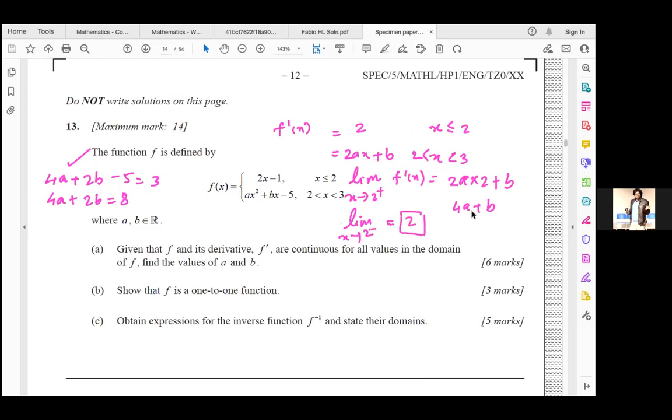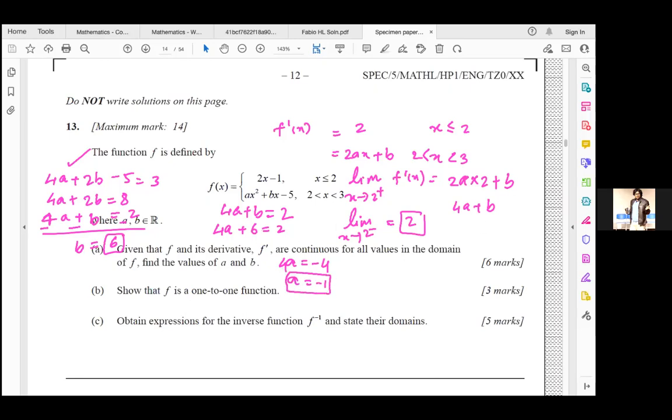Now these two should be the same, so 4a plus b equals 2. So now you got two equations, this and this, so you solve them. If you subtract them, you get b equals 6 basically. Now once you plug in b as 6 in any of the equations, I get 4a plus 6 equals 2. So that gives us 4a equals minus 4, and this gives us a is minus 1.